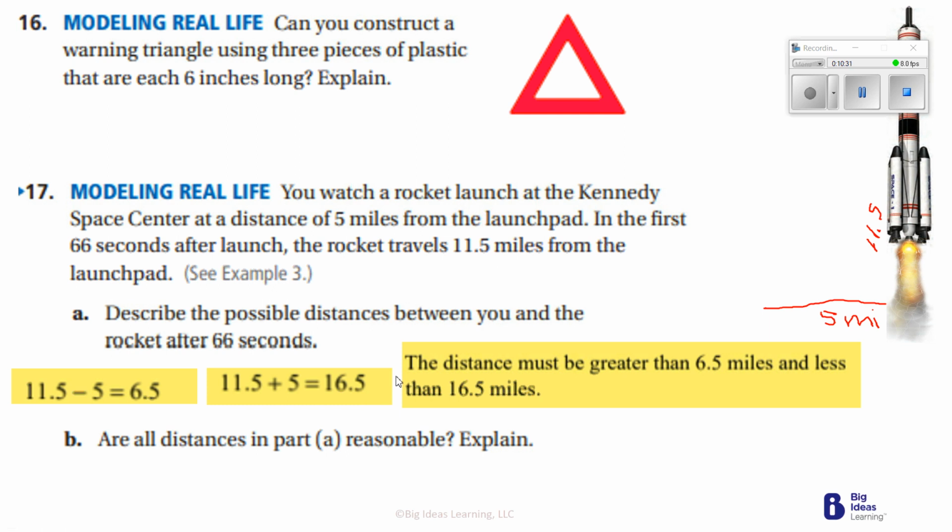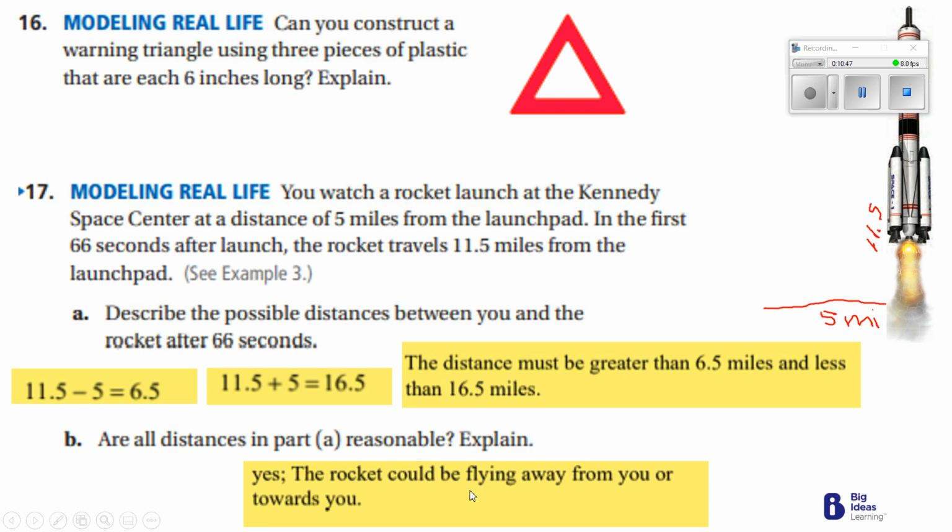Are all distances in part reasonable? Explain. Yes, the rocket could be flying away from you, or it could be flying towards you. Okay? All right, let's go ahead and check this out here.